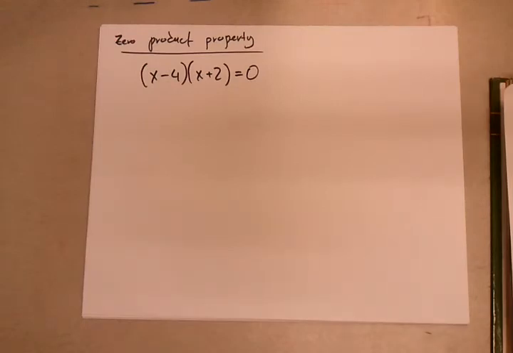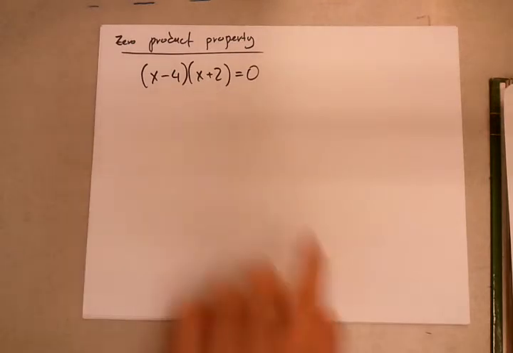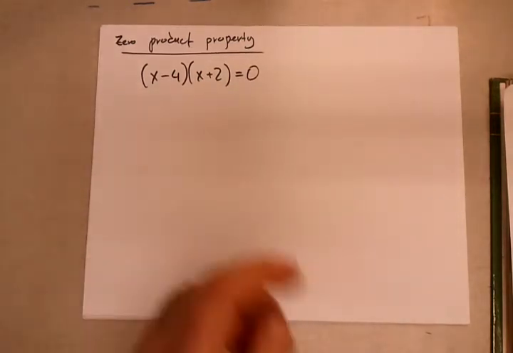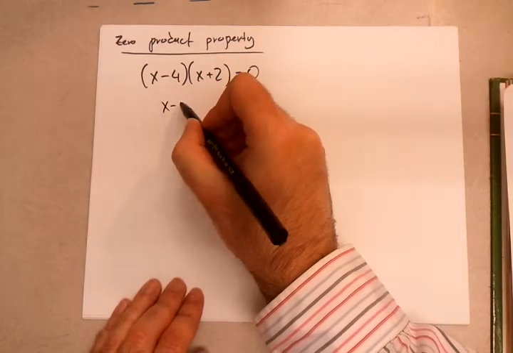Just like the previous three cases, either this binomial or this binomial has to be 0 for the statement to be true. So either the x minus 4 has to come out to be 0, or the x plus 2 has to come out to be 0. So we set those statements just like that.